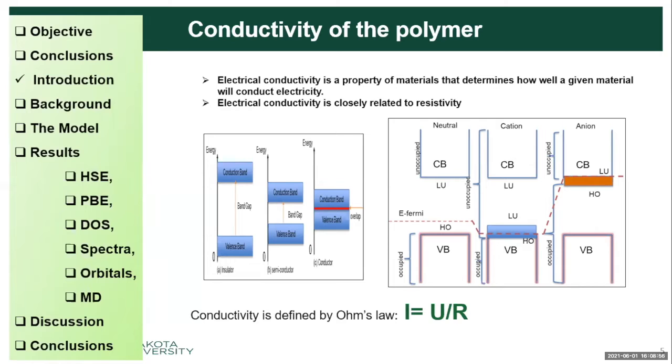The resistance R can be measured by applying a known voltage across the resistor and measuring the current through it. So the electrical conductivity is closely related to the resistivity.